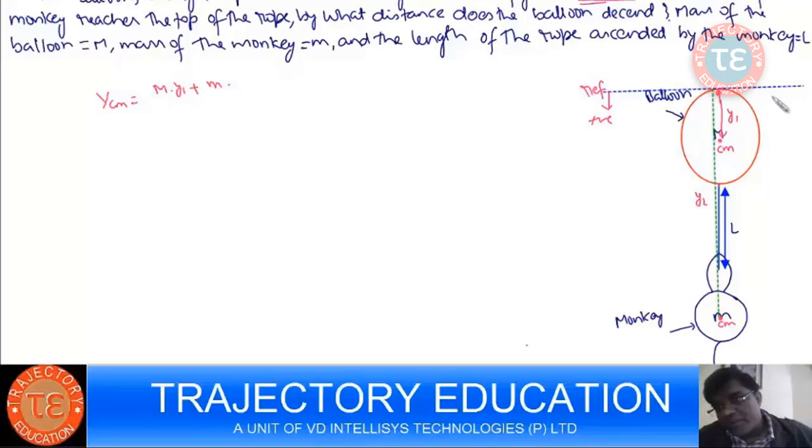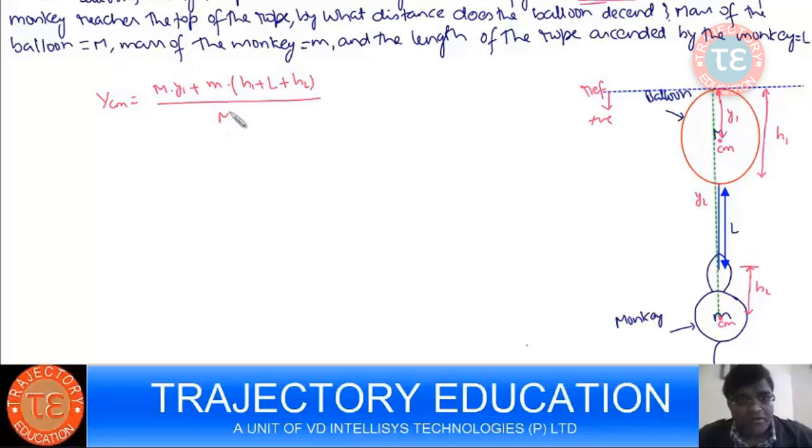Suppose the balloon has a dimension of h1, and the distance between the center of mass and one end of the rope of the monkey is, say, h2. So I can say this is h1 plus L plus h2, upon M plus m, right?